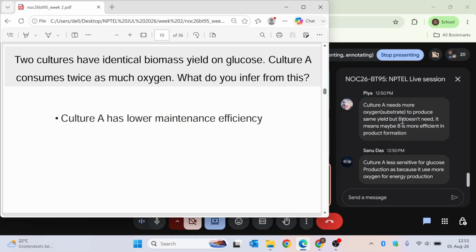And similarly, maybe the P/O that we talked about. P/O refers to the number of ATP produced per atom of oxygen consumed. So that could be low for culture A. So it needs more oxygen to produce the same amount of ATP or to have the same amount of energy. So either it's about the maintenance efficiency, or rerouting towards some other byproduct formation, or the fact that culture A has a lower P/O ratio.